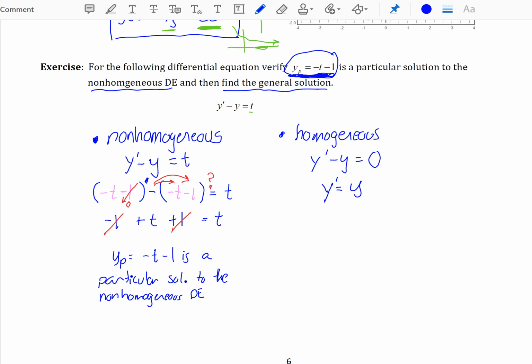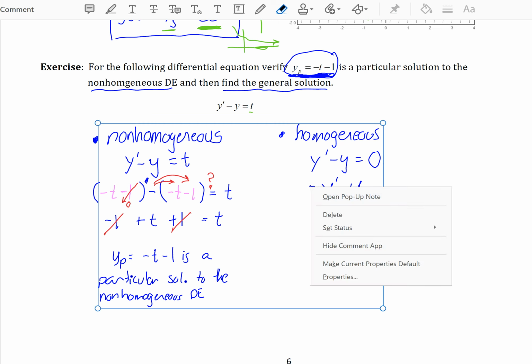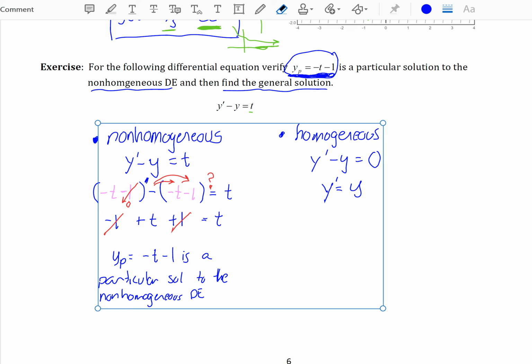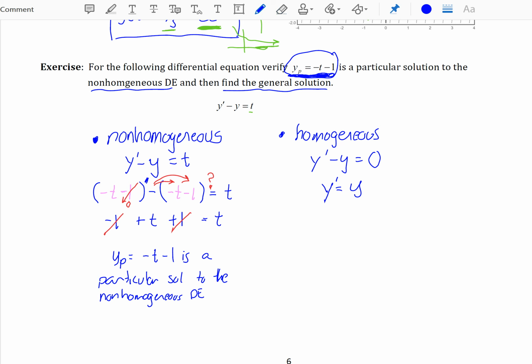And again, you can do the separation of variables, and I encourage you to, but sometimes I want you to just recognize solutions of differential equations. You don't have to write them out every time. At some point, you're okay to say, I recognize my solution. In which case, I'd like you to say yh, and use the h to represent your homogeneous solution, has to be c e to the t.